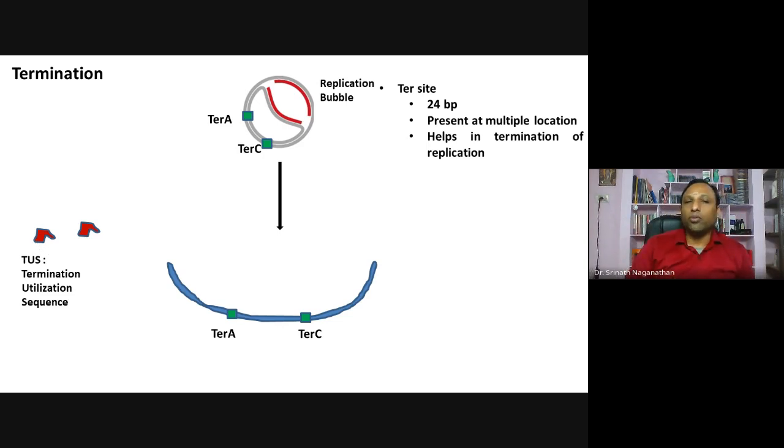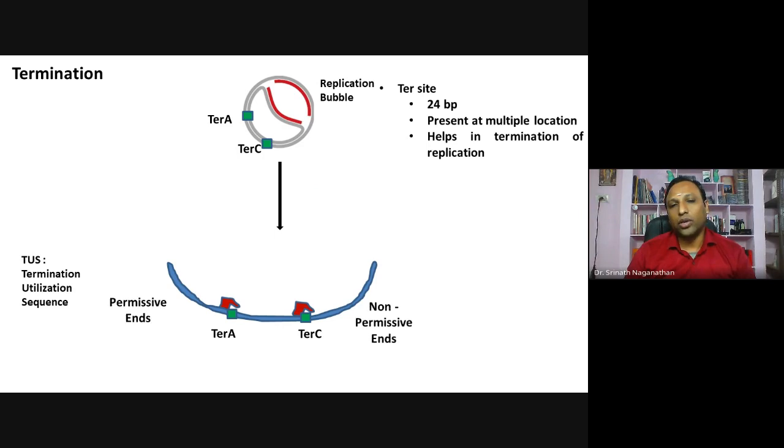This protruding domain is like a measurement, or a signaling aspect, for replication termination. Once the TUS factor binds at ter A and ter C, the direction of the protruding region plays a vital role.